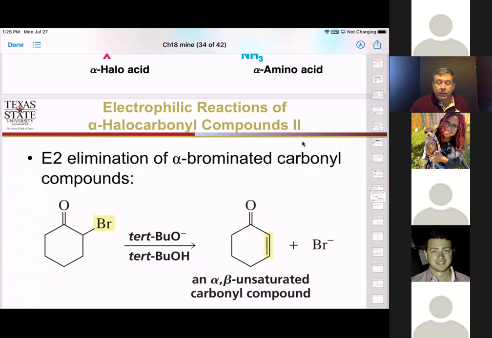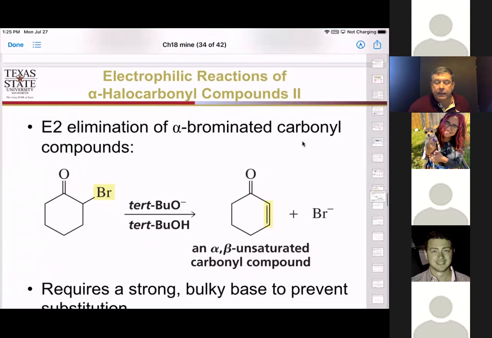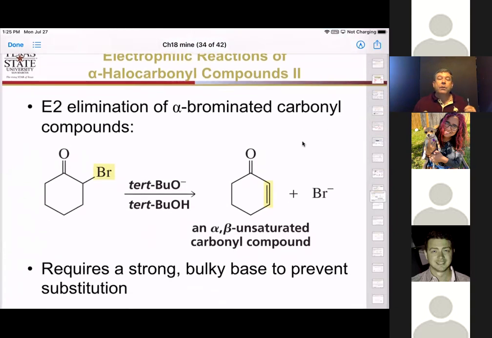Now, with elimination, we would normally look for the more stable product, so you would get the more substituted alkene versus the less substituted alkene. In the case of the alpha halocarbonyl compounds, you always form the double bond in conjugation with the carbonyl group, okay? So this makes it a nice way to put it exactly where you want it.